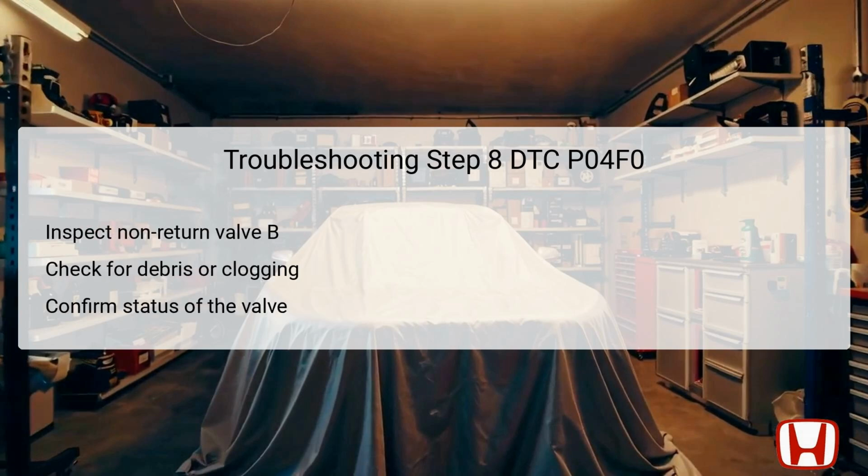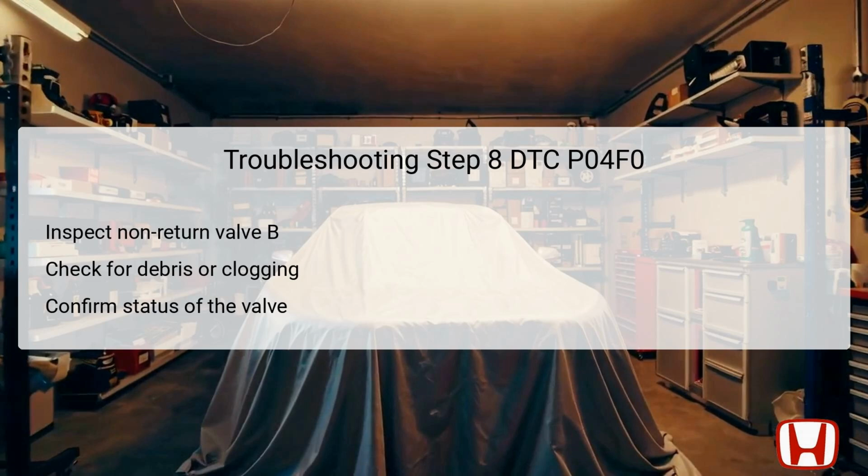For the final troubleshooting phase, you will need to inspect non-return valve B. This valve is a critical component that allows vapors to flow in one direction while preventing backflow, which is essential for the proper function of the EVAP system. Carefully examine the valve for any signs of obstruction, debris, or damage that could hinder its operation.